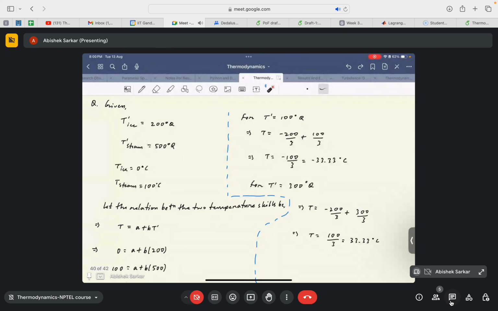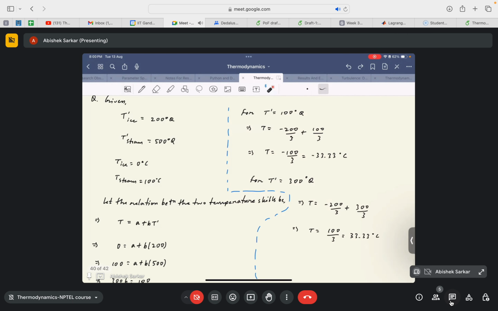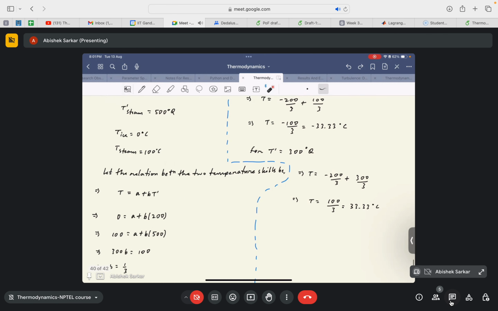Now T is the temperature in the normal temperature scale. So T ice is 0 degrees Celsius and T steam is 100 degrees Celsius for water, right? The two temperature scales have a linear relation between them.